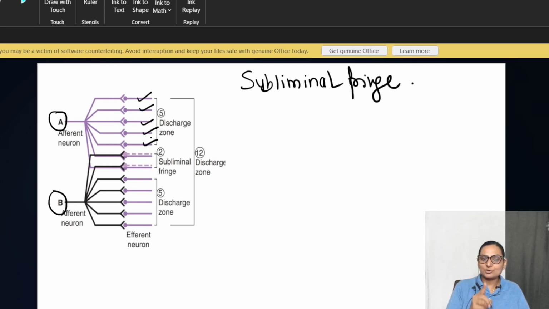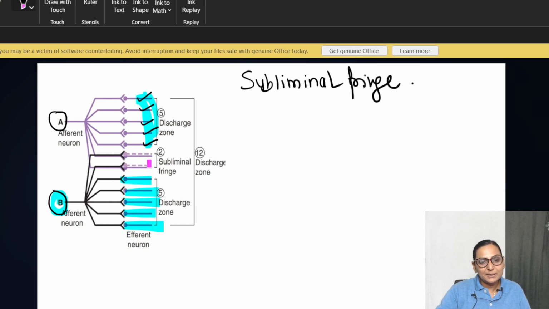That means when I stimulate A, I am going to stimulate directly these 5. Similarly, when I stimulate B individually, I am going to stimulate 1, 2, 3, 4, 5. So one afferent supplying 5, another afferent supplying 5. In between these two, A and B, these are the two neurons which are falling in the subliminal fringe.